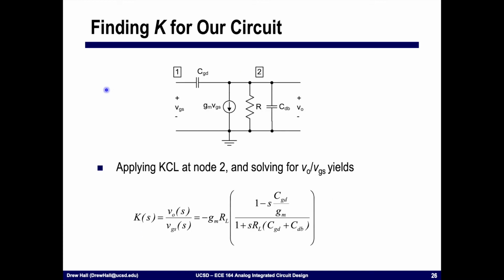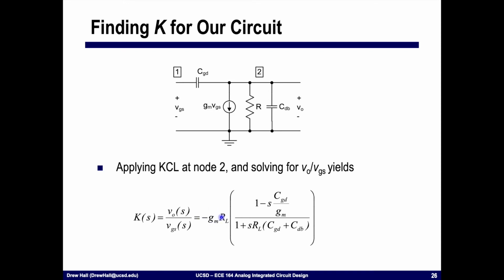So let's look at K for our circuit. If you recall, there were some additional circuits over here, essentially a resistance and a capacitance. Those are unimportant in order to find K. If we just consider this portion of the circuit, and I do KCL at this node, I would essentially get that the transfer function from VGS to the output is equal to minus GM times RL.